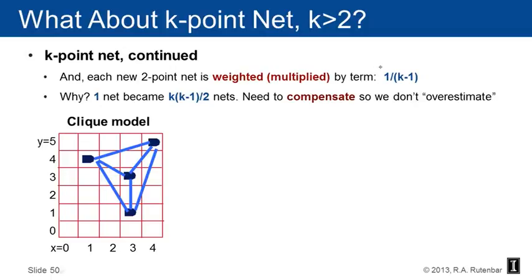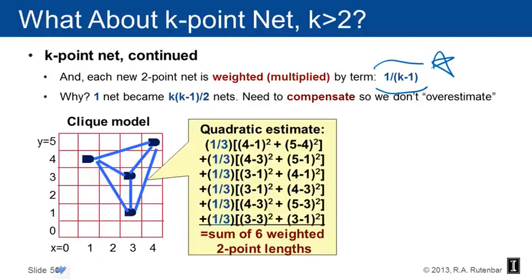And so there are lots of ways that people do this, but the traditional weighting factor is 1 divided by k minus 1. So in this particular example, if we were to estimate the wire length, there would be 6 quadratic wire lengths, which are squares of differences of coordinates, and each one of them is multiplied in this case by 1 over 4 minus 1, which is 1/3.